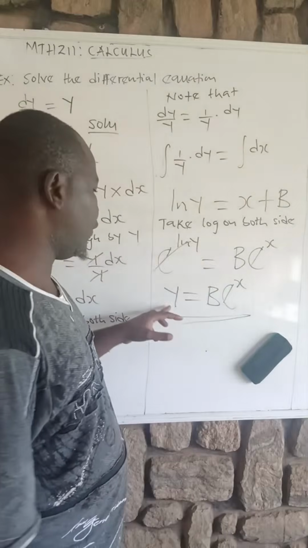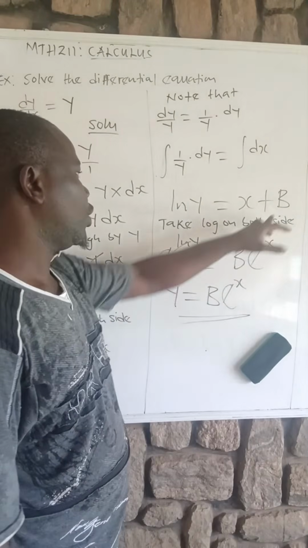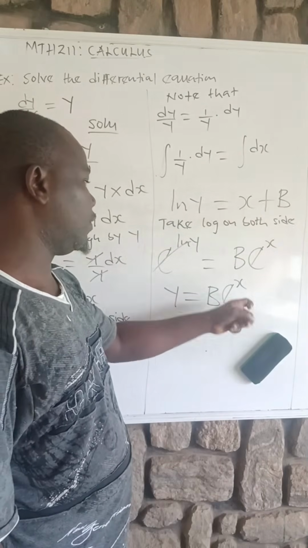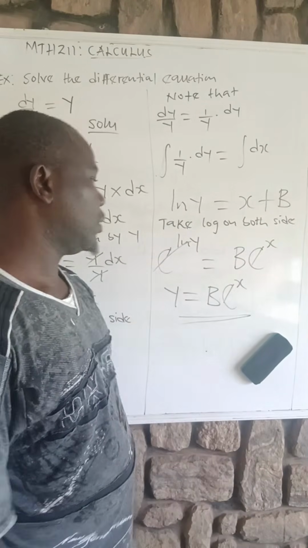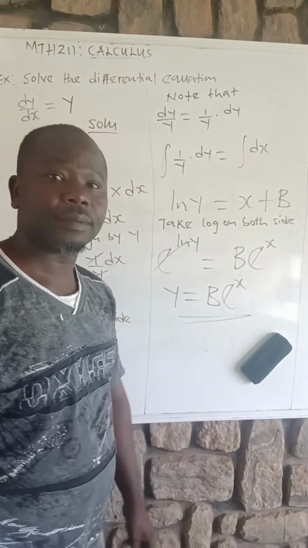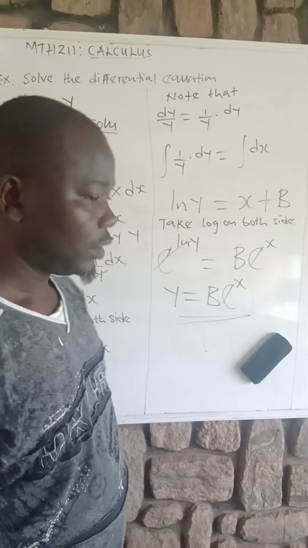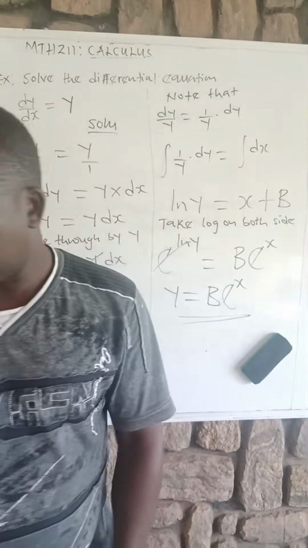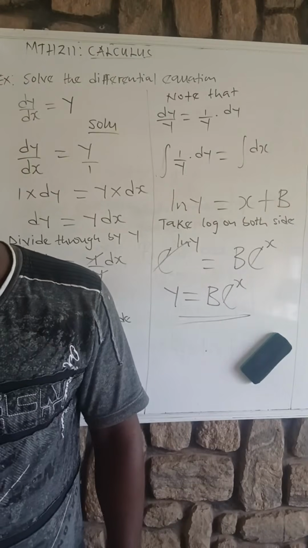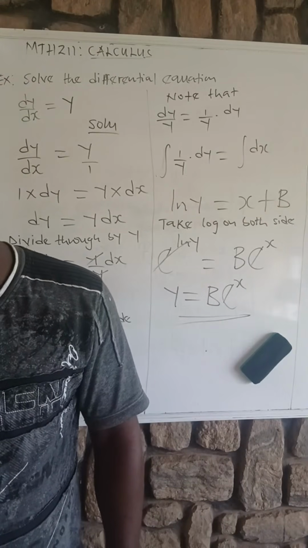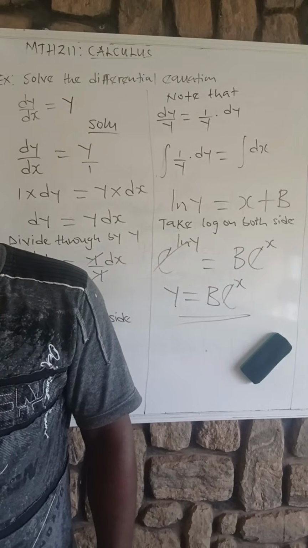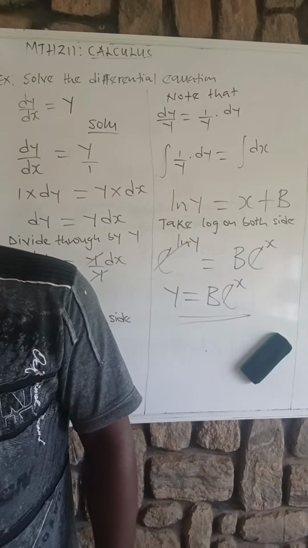We are going to have y equals b multiplied by exponential of what? Exponential x. Is that clear? So that is that. Okay, let's move further to consider some examples that you may come across.